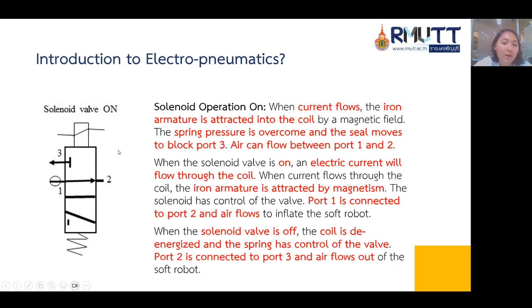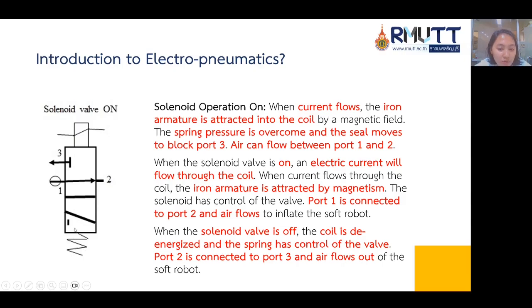And then for the solenoid operation on, when the current flows, the iron armature is attracted into the coil by a magnetic field. The spring pressure is overcome and the seal moves to block port 3. Air can flow between port 1 and 2. When the solenoid valve is on, an electric current will flow through the coil.